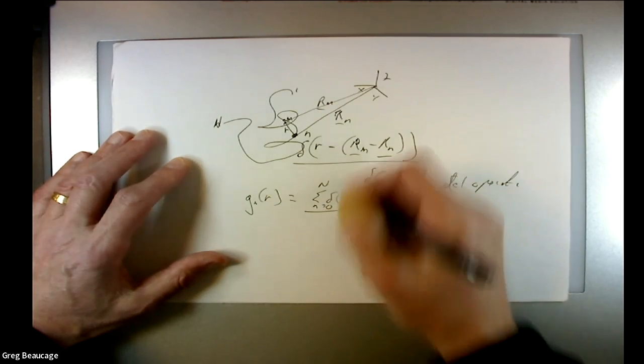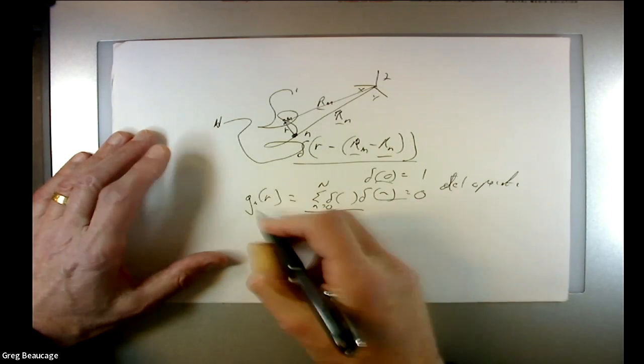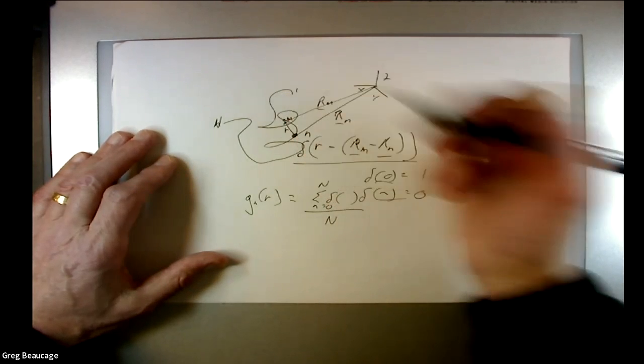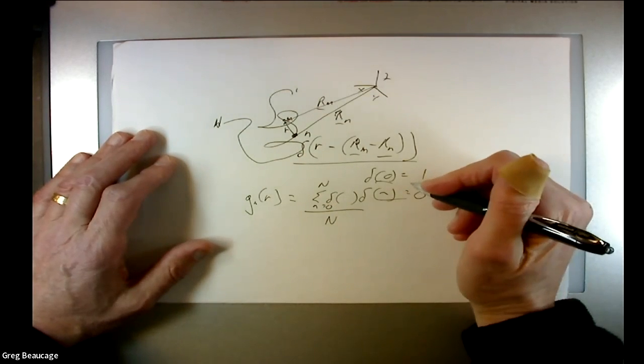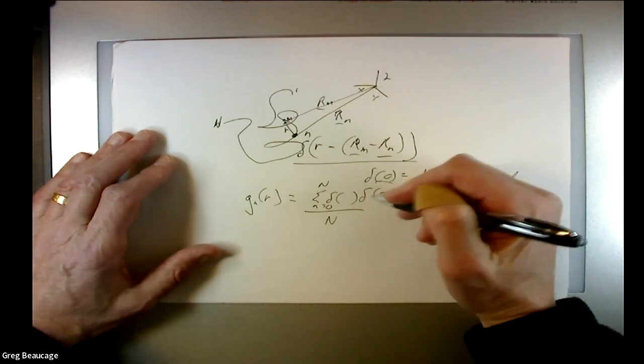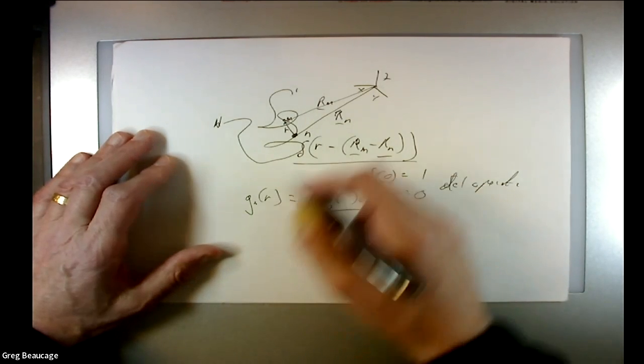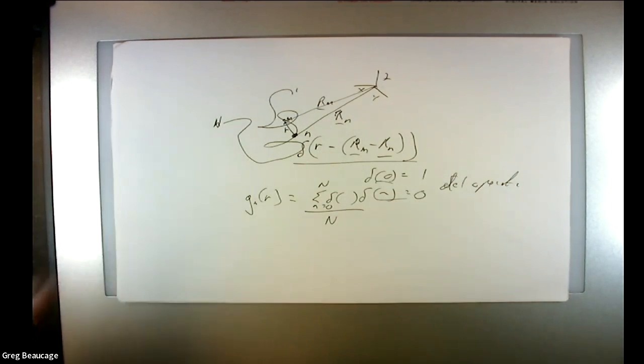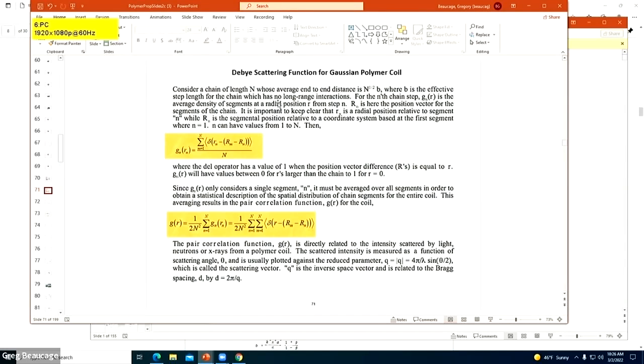Because you have that n, that gives you a function that describes how the density is distributed in space. So that gives you this function. It's a sum over everything on the chain, divided by N to normalize it. It said n here, it should have been m, because this is for n.